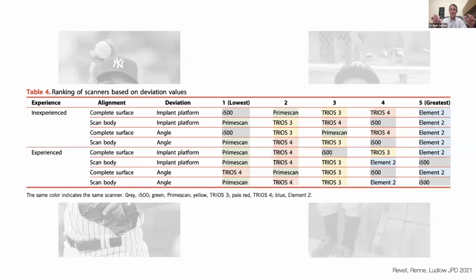And we were scanning full arch implant cadaver molds, okay? And what was really interesting is there were some scanners that pretty much across the board got very good results and made it much easier to scan these type of things than other scanners.